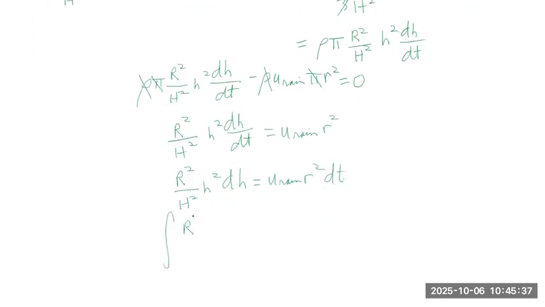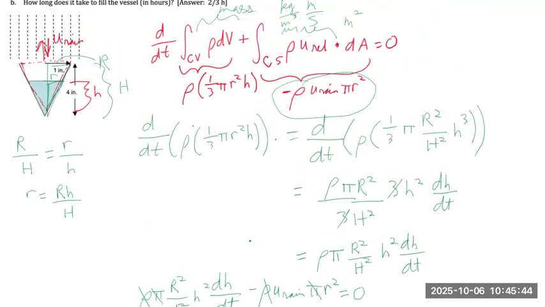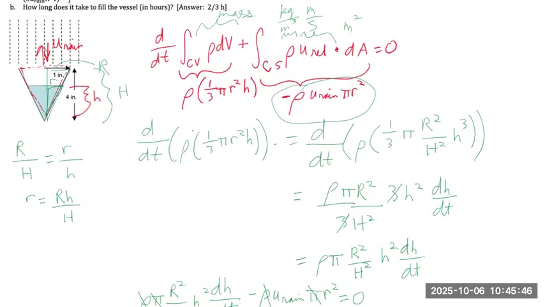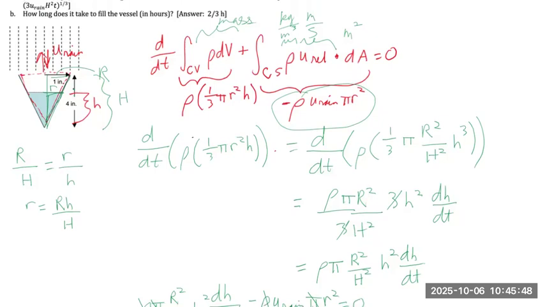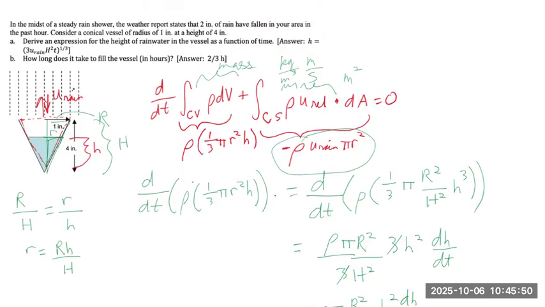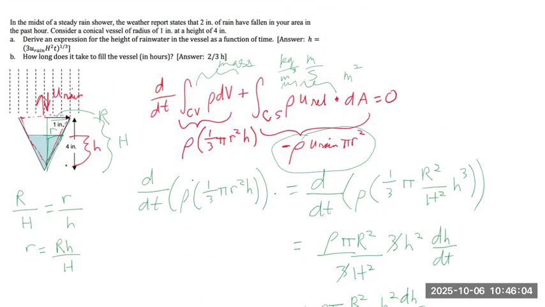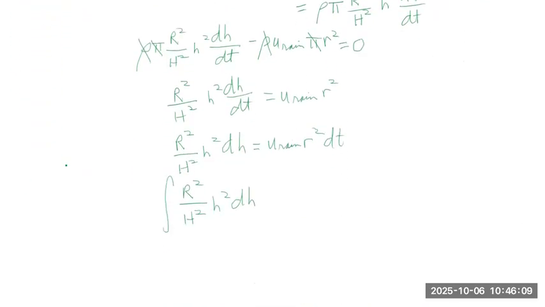So we integrate the first side, r squared over h squared times h squared dh, from 0 to h, because we want to derive an expression for the height of the rainwater in the vessel as a function of time.